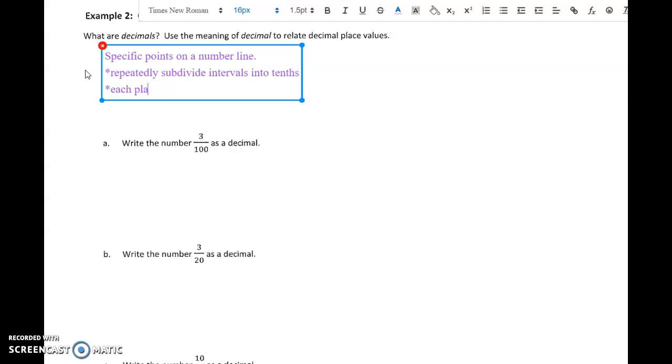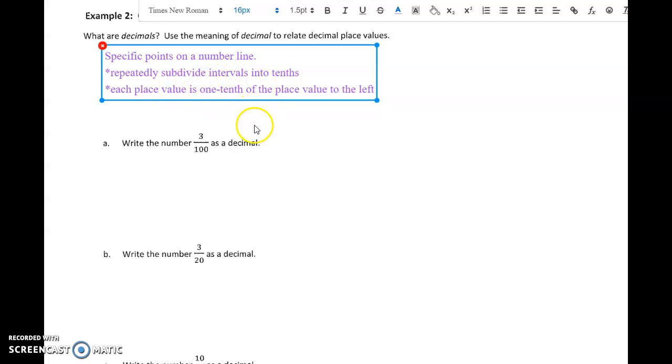Each place value, so every time we move a decimal point over, is 1/10 of the place value to the left. So 100th is 1/10 of 1/10. 1,000th is 1/10 of 100th. 10,000th is 1/10 of 1,000th. So they're all based out of this tenth.